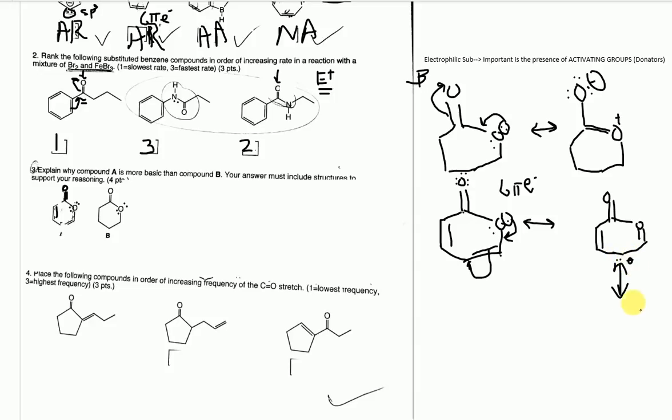Negative charge. Okay, imagine it's a negative charge. And this is going to come out over here. And so we're going to have this now. Right? And then after this is going to come in over here. And this is going to come out over here.